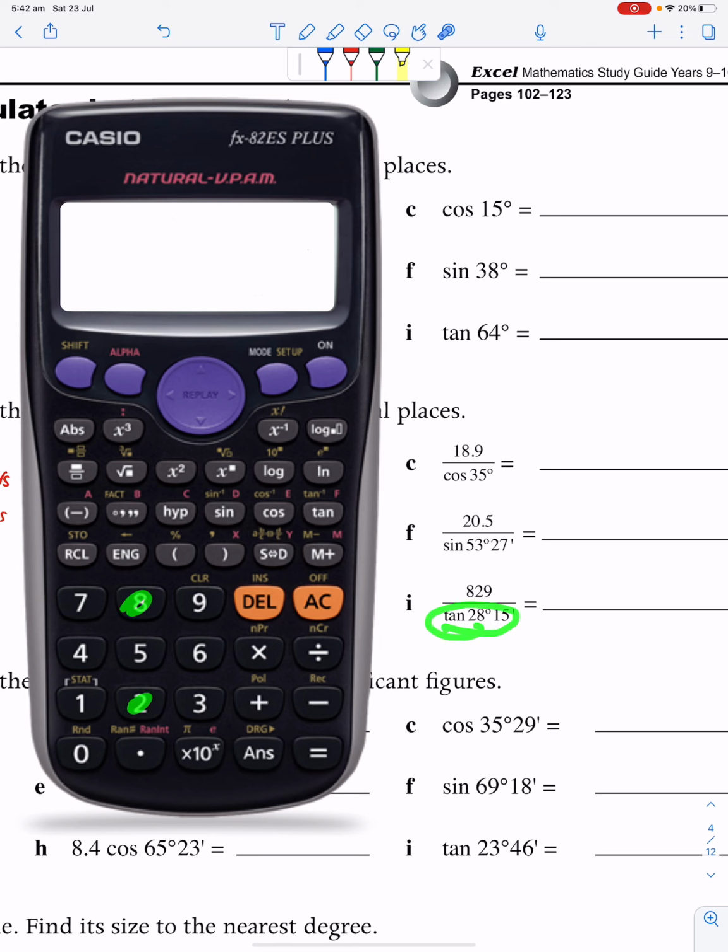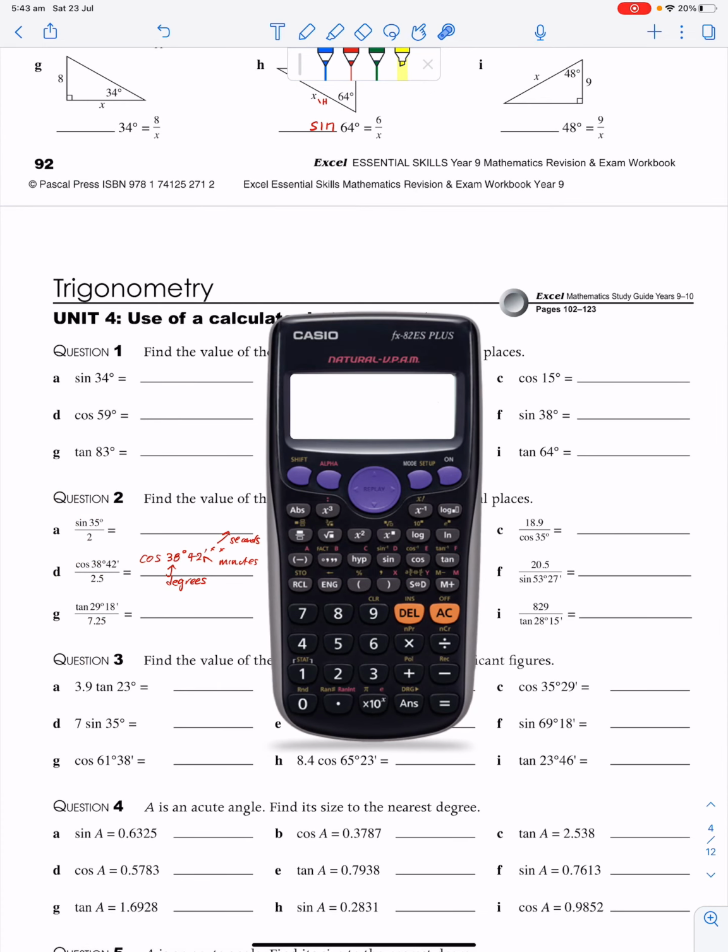So 829 divided by, open up bracket, then tan 28 degrees, and then 15 minutes. And I think your calculator opens up a bracket for the angle part, so close that, but then you've got to put another bracket because you were dividing as well. All right, so you can do that there.